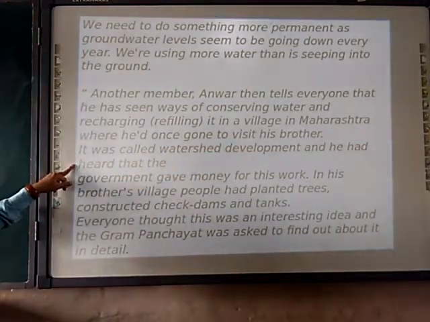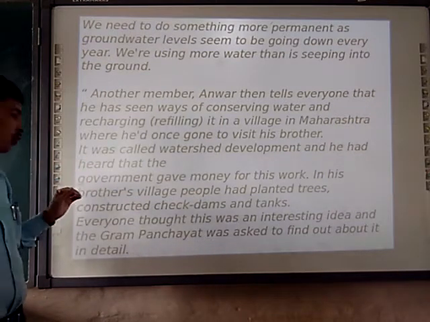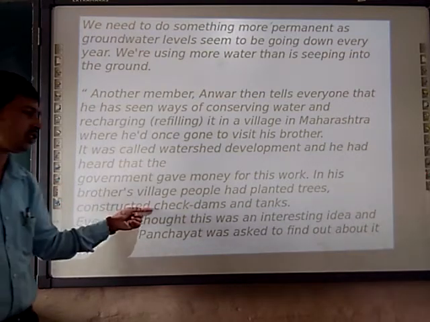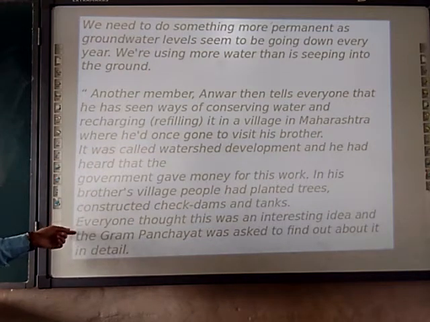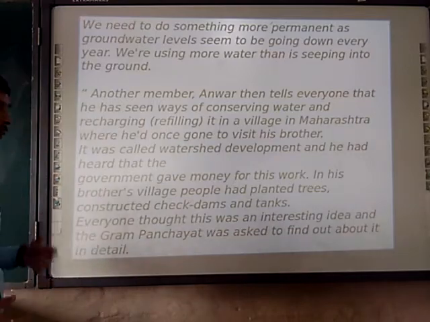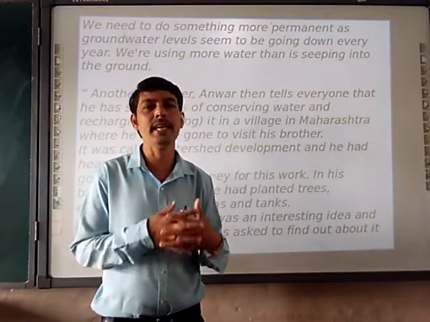And he had heard that the government gave some of the money for this work. In his brother's village, people had planted trees, constructed check dams and tanks. Everyone thought this was an interesting idea and the Gram Panchayat was asked to find out more in detail so they can also implement this idea in their village.